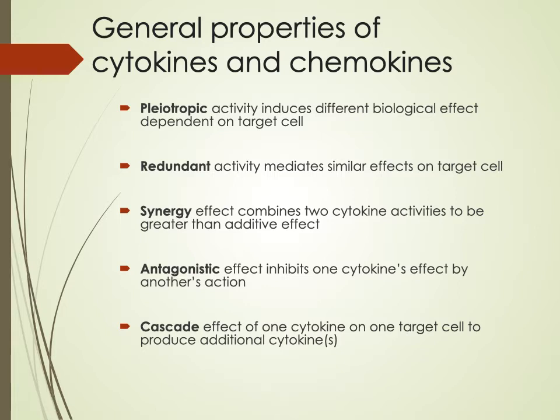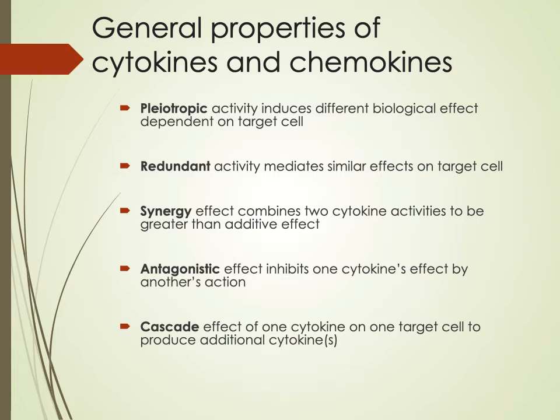Redundant is where we could have multiple cytokines that are going to act on the same target cell and have a similar effect. Synergistic is where we're going to have a combination of two cytokines that cause a greater additive effect.